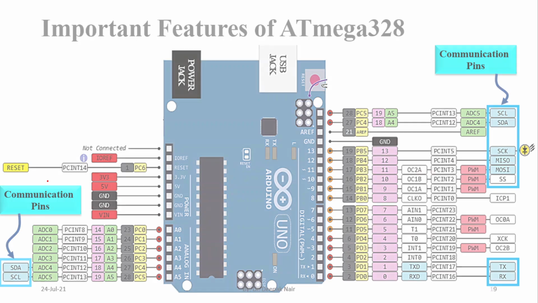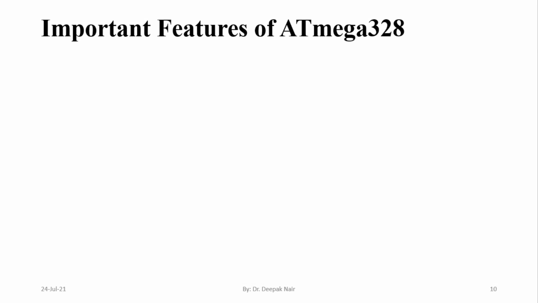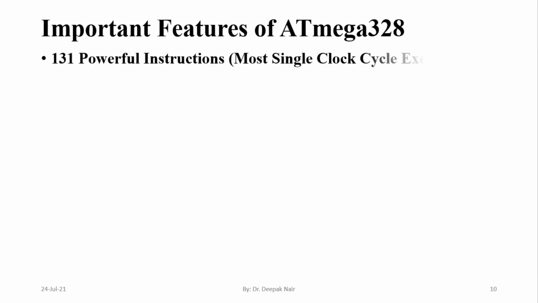So along with that, what are the other important features of this board? In general, most of the time people only talk about those pins, but they don't explore more inside the microcontroller. So remember, whenever you start studying a microcontroller or any embedded system, the first thing that we should do is to open the data sheet and explore more about the microcontroller.